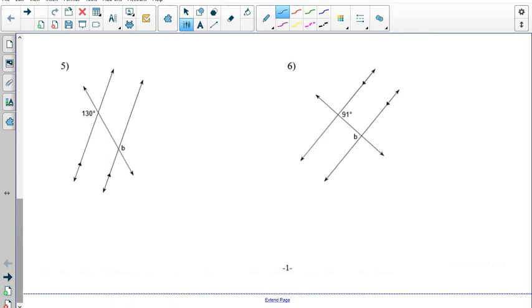Now notice, these are on opposite sides of the transversal. But look, obtuse, obtuse. They're both obtuse. So they are on the outside and either side of the line, so they are alternate exterior angles. And they are equal.